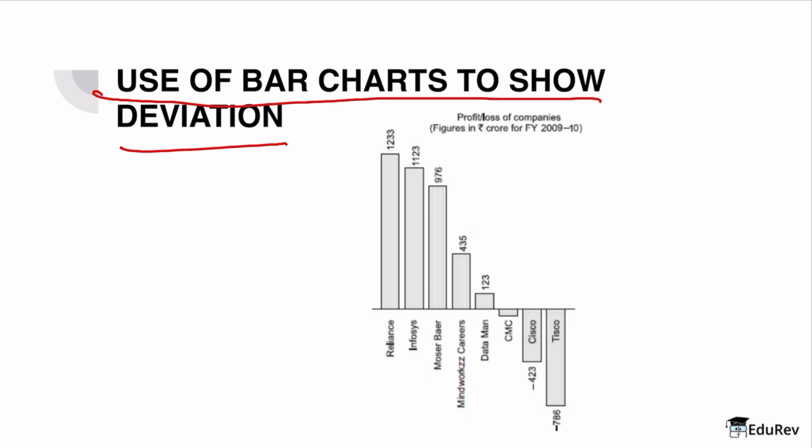Now, deviation bars are useful for graphic representation of continuous variables which have both positive values and negative values. That is, you can also say it in terms of surplus or deficit. So I think I can write it down.